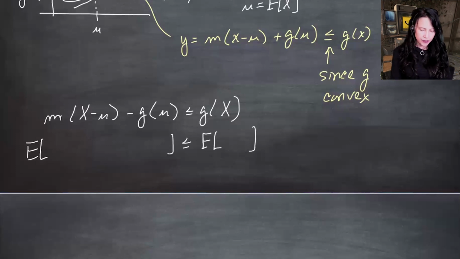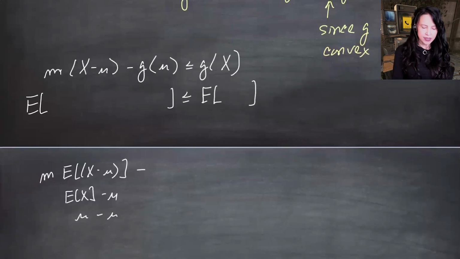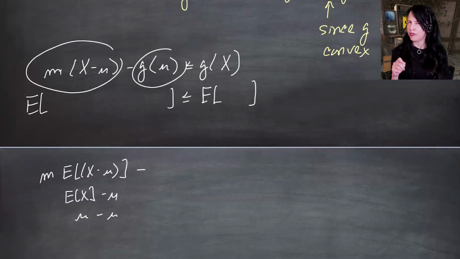So on the first term, we get this slope times the expected value of X minus mu. But if you run that expectation across, this is mu minus mu. This expectation is 0. This is constant. It is g of mu, and that expectation has already been averaged out.